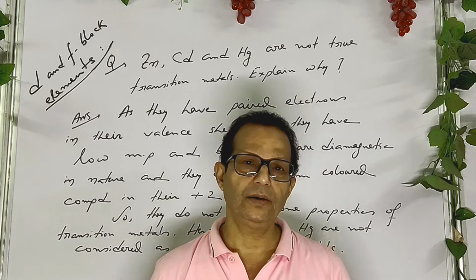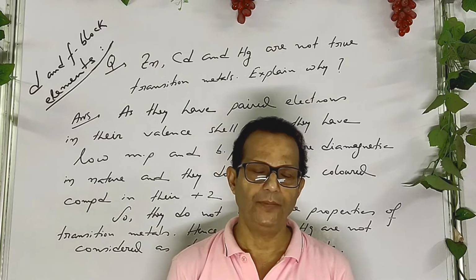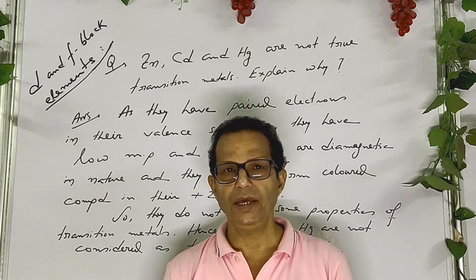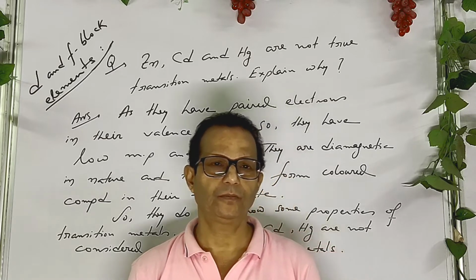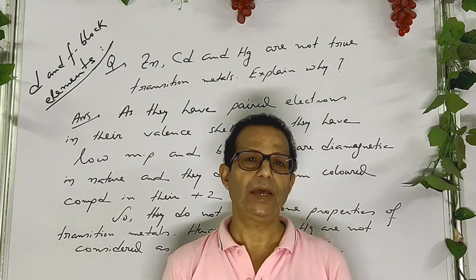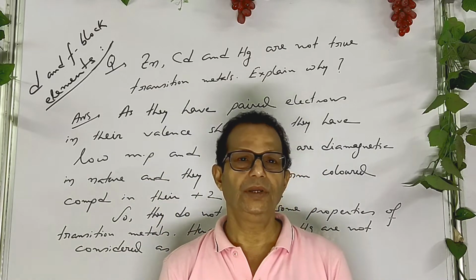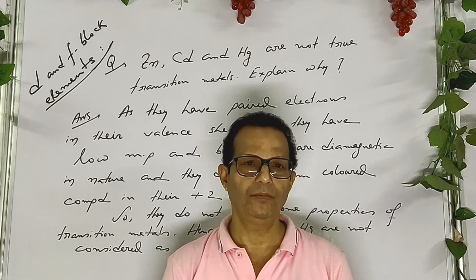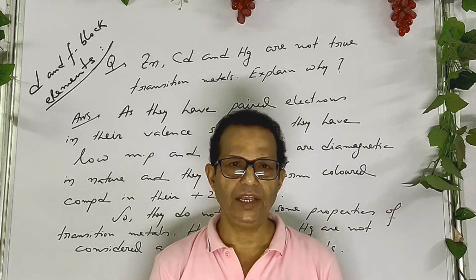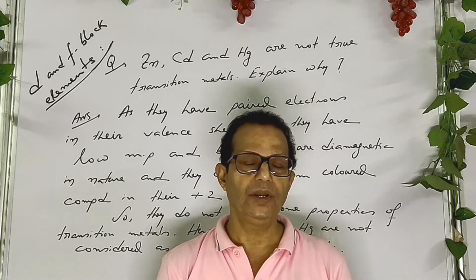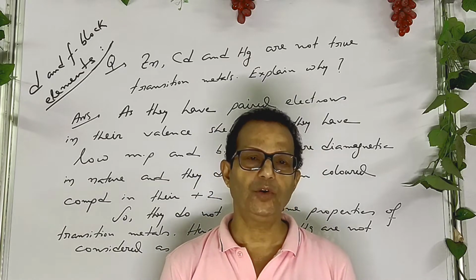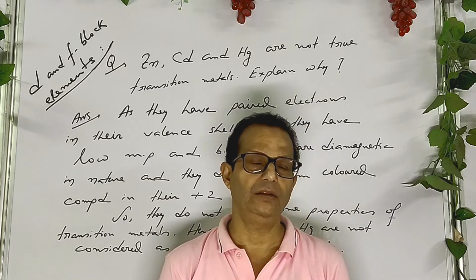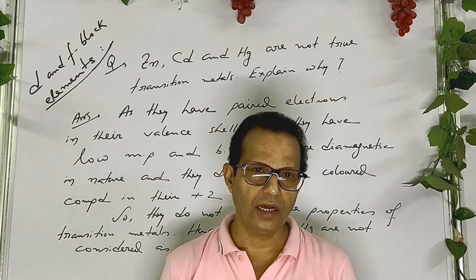You know that most of the transition metals have unpaired electrons. That's why they are paramagnetic in nature. And due to this paramagnetic nature, most of the compounds of transition metals are colored. But if we consider zinc, cadmium and mercury in their divalent state, that is whenever you release 2 electrons from their valence shell, all the electrons are paired.